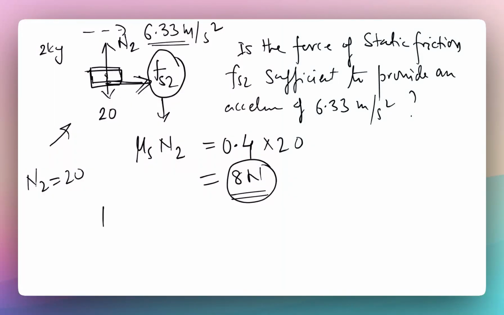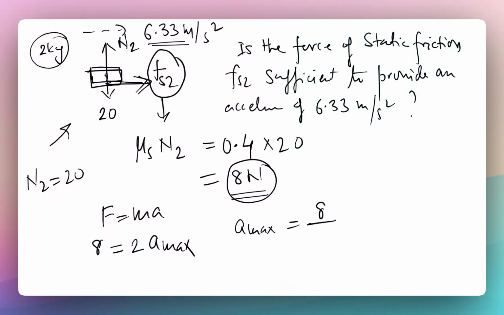So let's see. If we apply F equal to ma here, 8 newtons is the force and the mass is 2 kg. That's the a max this force can provide. The a max is going to be 8 by 2, that is 4 meters per second squared. The maximum static friction force can provide a 2 kg block an acceleration of 4 meters per second squared.